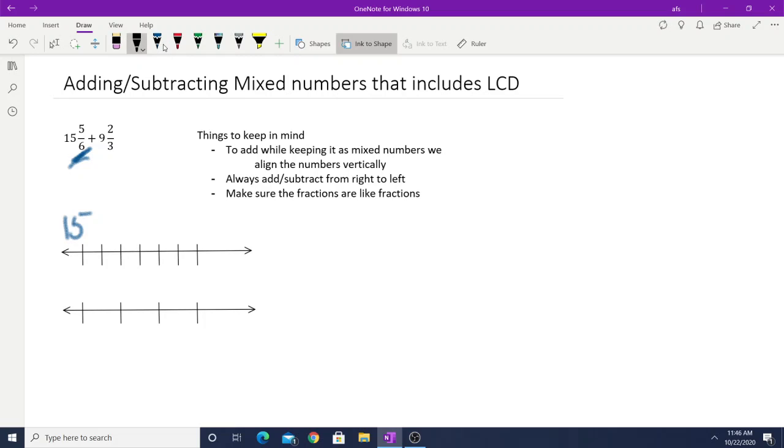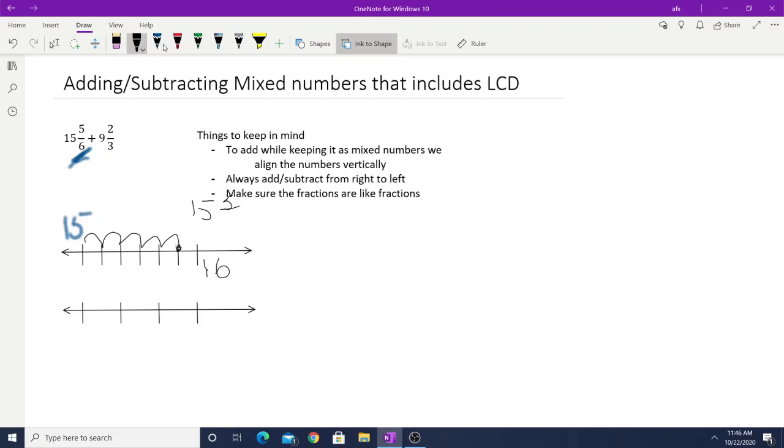So this is between 15 and 16, and I'm simply going to move 5 portions over. I get a 1, a 2, a 3, a 4, and a 5. Out of the 6 equal portions, I only moved 5 over, and this spot is where my 15 and 5/6 is.